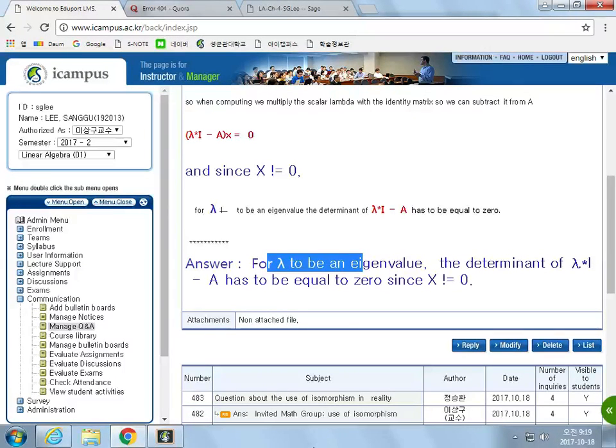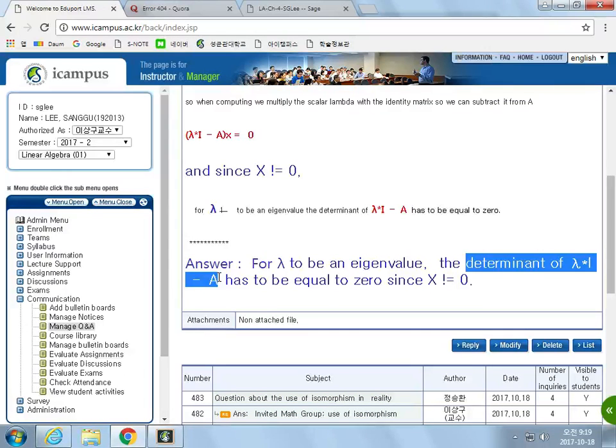Solving the determinant of lambda I minus A equal to 0, which is called the characteristic polynomial of A, you can find all the eigenvalues lambda from this characteristic polynomial. Got it? Okay.